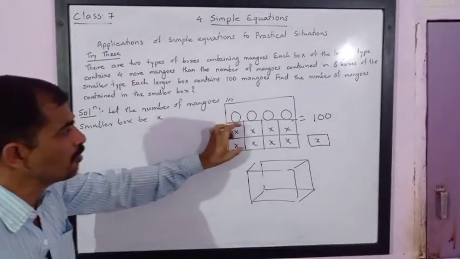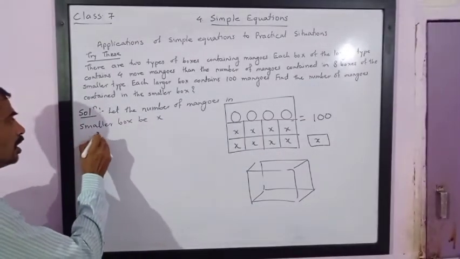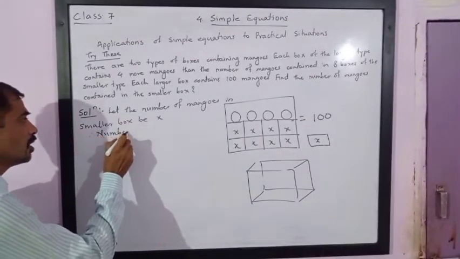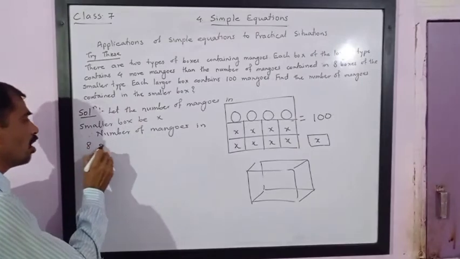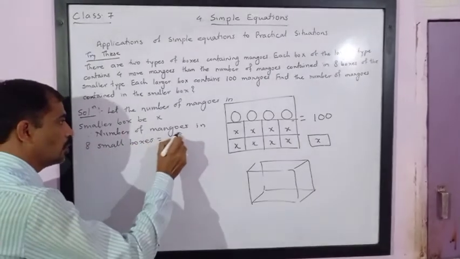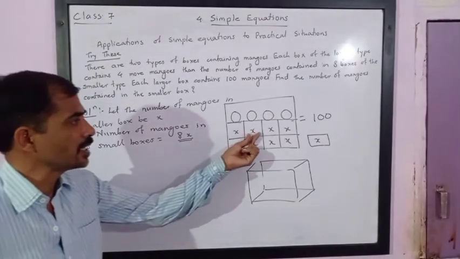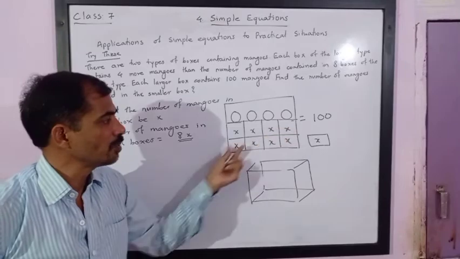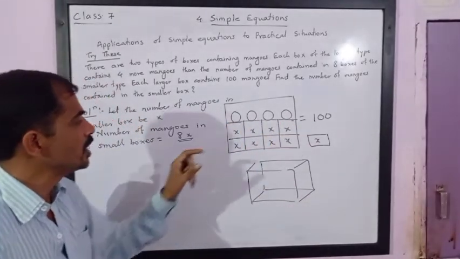So the number of mangoes in 8 small boxes is equal to 8 multiplied by x, 8x. Or even if you add x plus x plus x plus x, this will be 4x, plus 4x will be 8x. So the number of mangoes in 8 boxes is 8x.